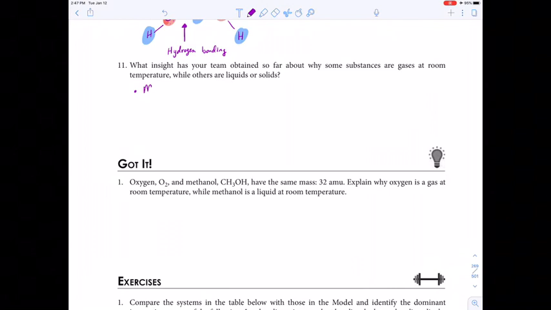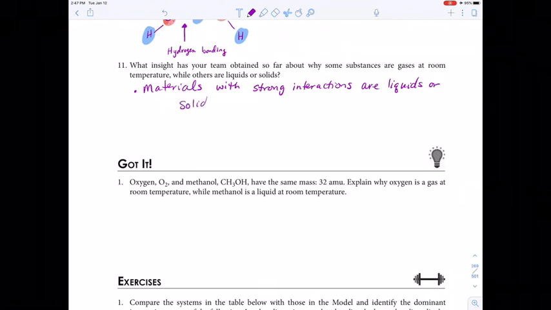Okay, so it boils down to this. Materials with strong interactions, meaning strong intermolecular attractions, are liquids or solids at room temp.